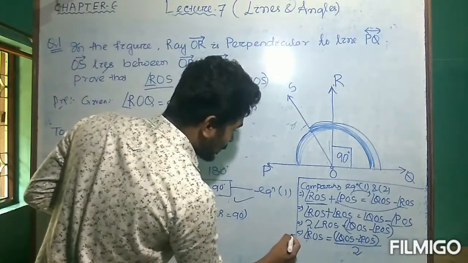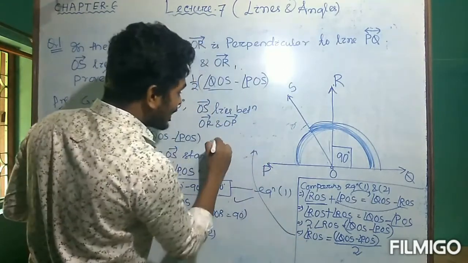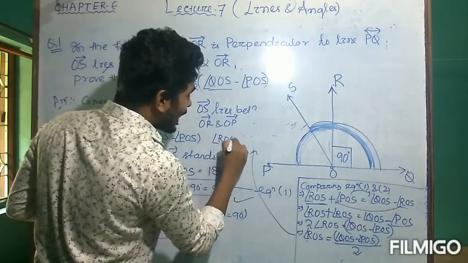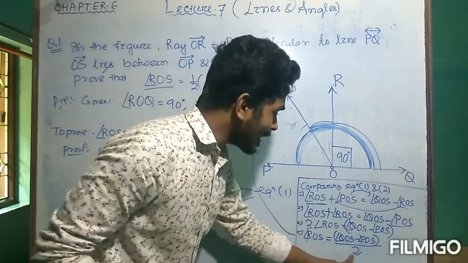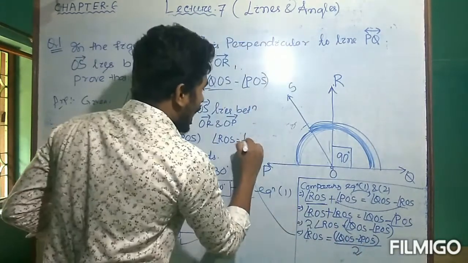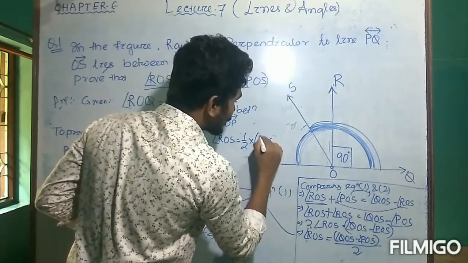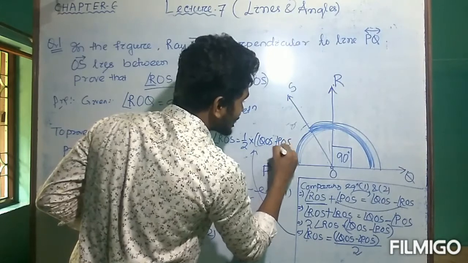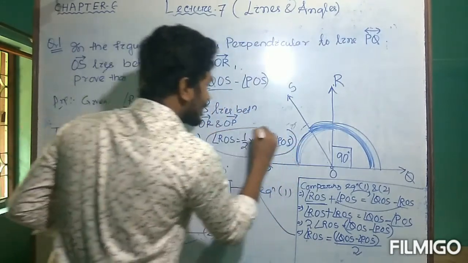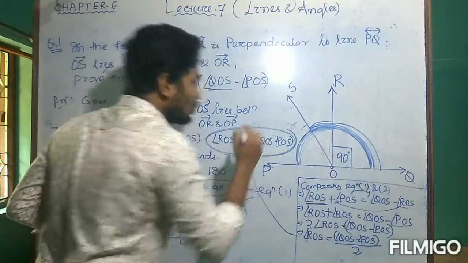Understood? So finally what we get? We get angle ROS is equal to, you can write this as half into QOS minus POS. Okay, this you want to prove.